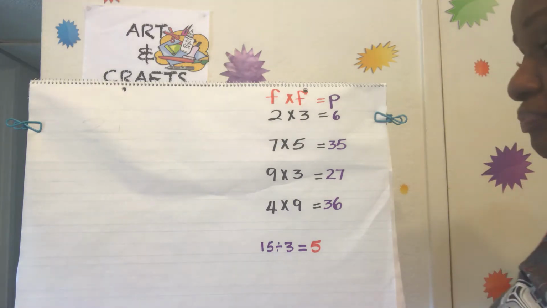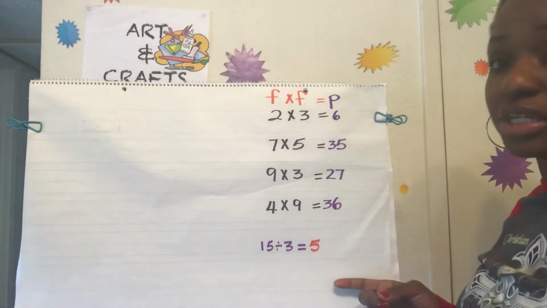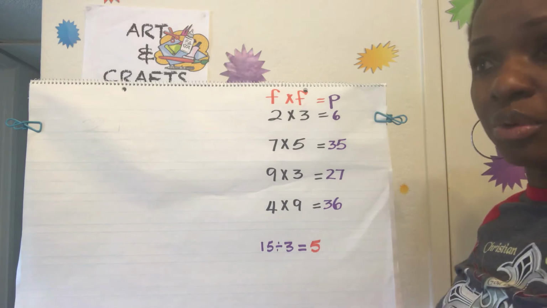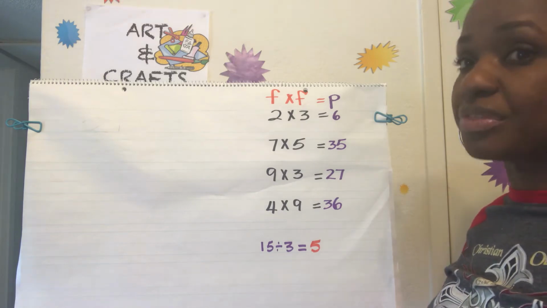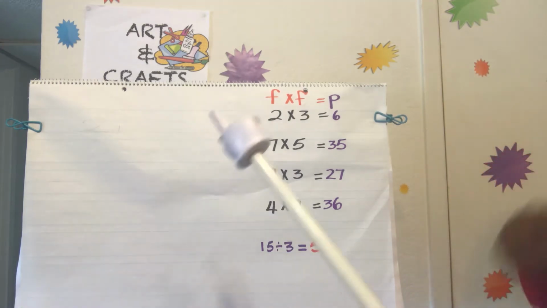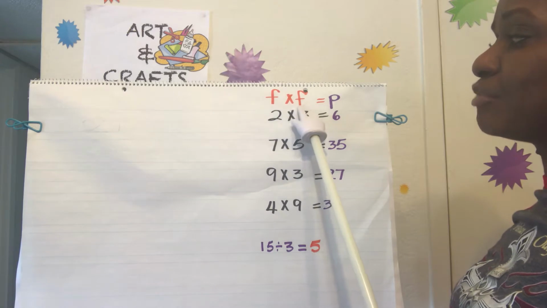We're going to look at these multiplication sentences and this one division sentence and see how they connect with each other. These are just symbols that can replace numbers.